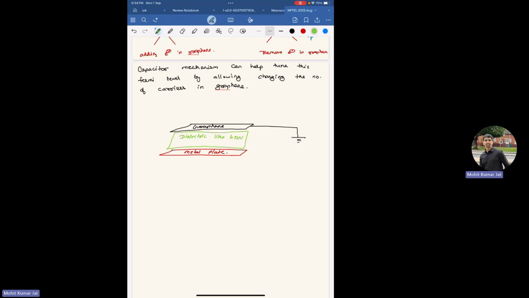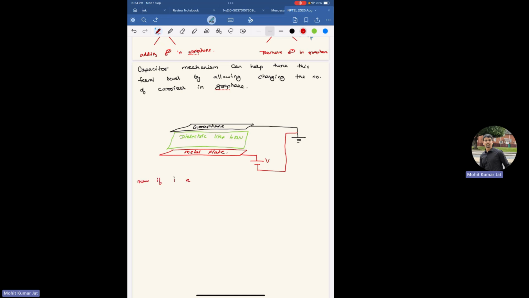A dielectric is an insulator which doesn't allow the current to pass through it. And on the metal plate, you add some voltage V, and since this is the ground, it will connect here.